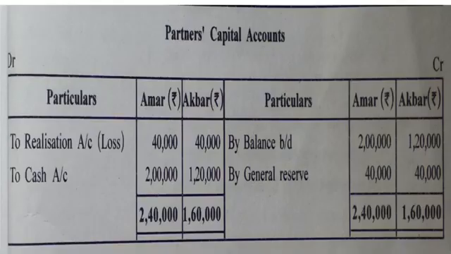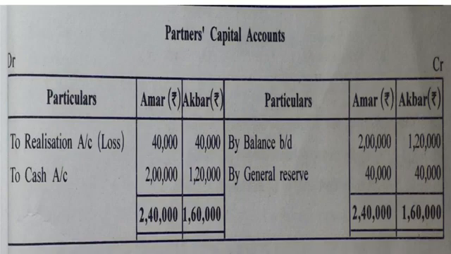The next account that we are supposed to prepare is partners' capital accounts. Now again, this is not a new account. We have been preparing it well in the chapter of admission as well as in the chapter of retirement. The very first thing to be written on credit side of partners' capital accounts is always the opening balance of capital.